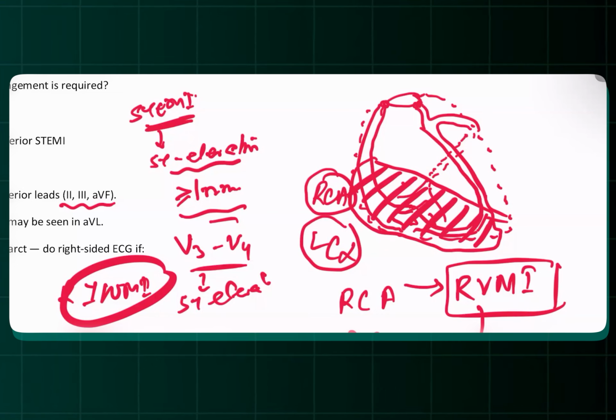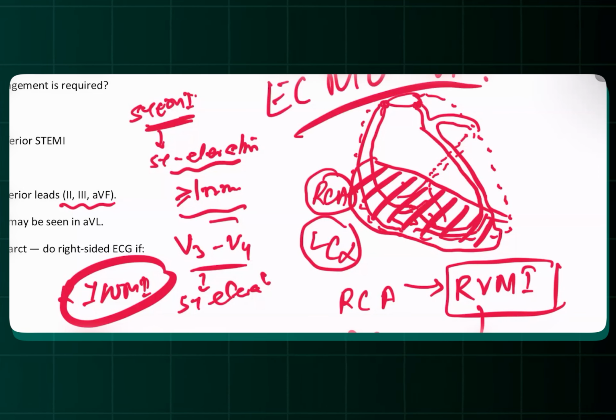The only therapy that will work there is ECMO, nothing else. So if you have a diagnosis of RVMI with cardiogenic shock and you have loaded up the patient with IV fluids and they still remain in cardiogenic shock, there is no benefit in making IABP the next modality of choice. The next modality of choice will be directly VA-ECMO.